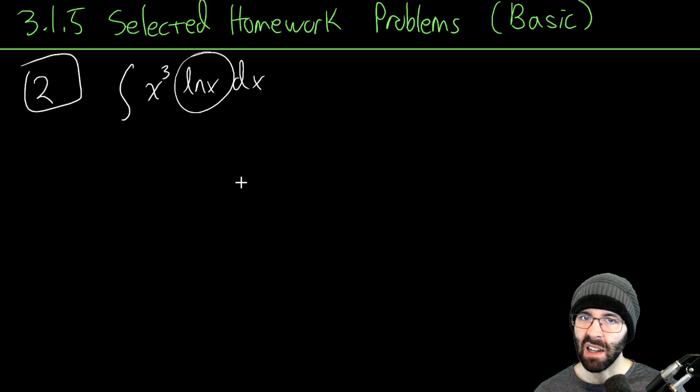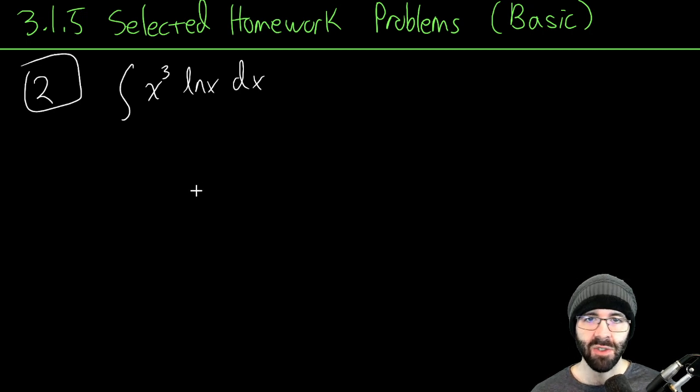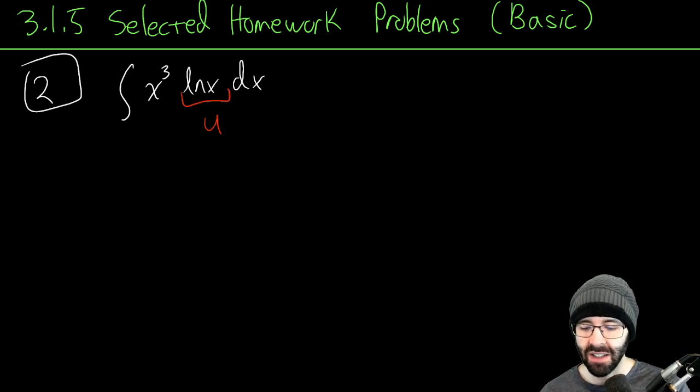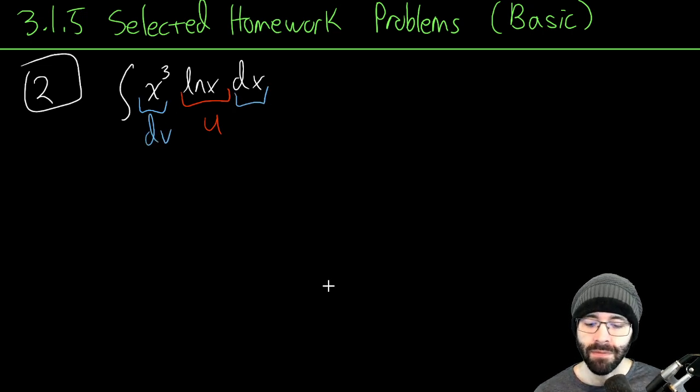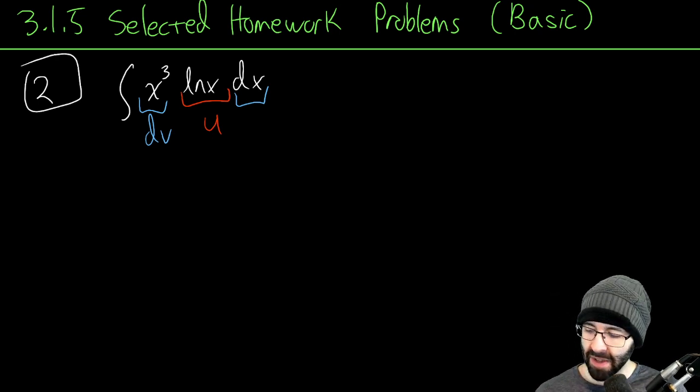Here, we don't want to integrate this. We sort of could with a natural log of absolute value of weird stuff, but we don't want to. So let's differentiate this and have it be our u and have this be our dv. That will work for this one. That's the whole problem. That's all they want you to do.